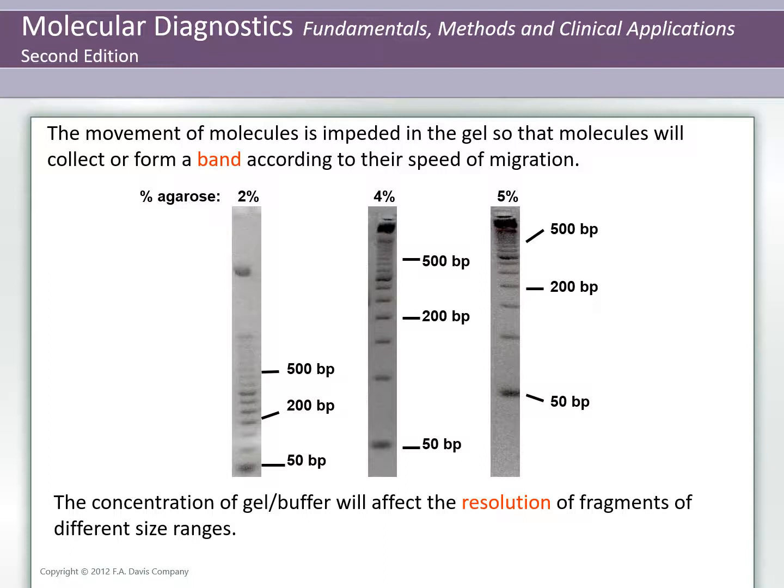So on this slide we have three examples of electrophoretic patterns. The movement of the molecules is impeded in the gel, so the molecules will collect or form a band according to their speed of migration, and the concentration of the gel or buffer in use affects the resolution of the fragments of different size ranges.